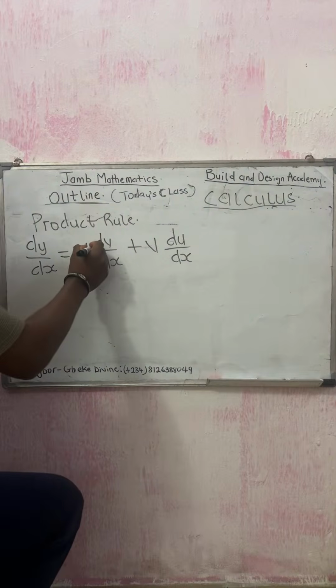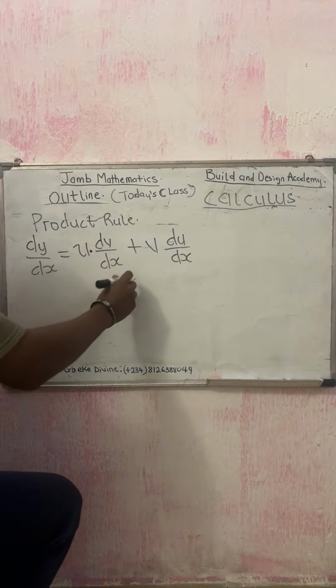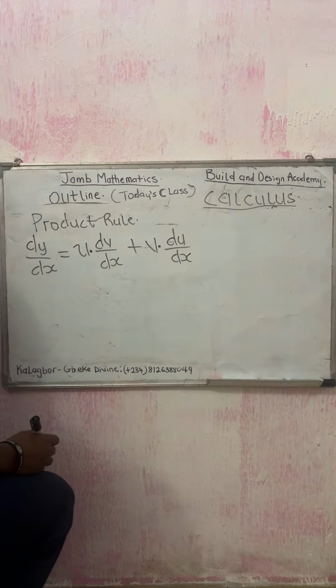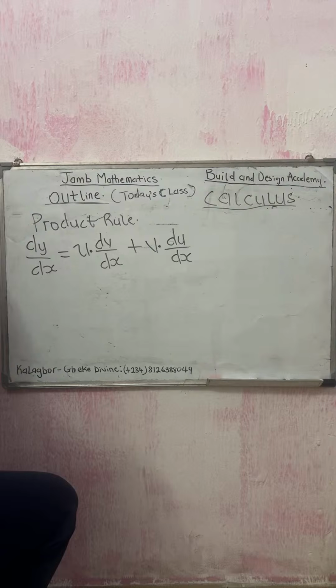So it's u times dv over dx plus v times du over dx. So now let's take an example so you understand how we apply it. Because anything we are doing, you need to follow it up with an example. If not, you will not understand it.